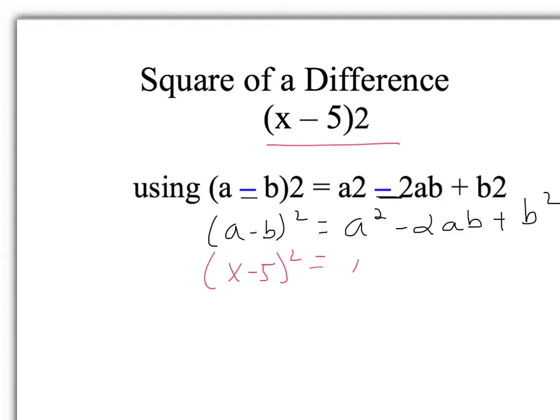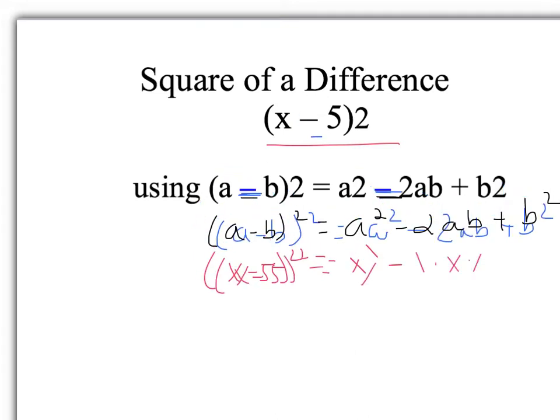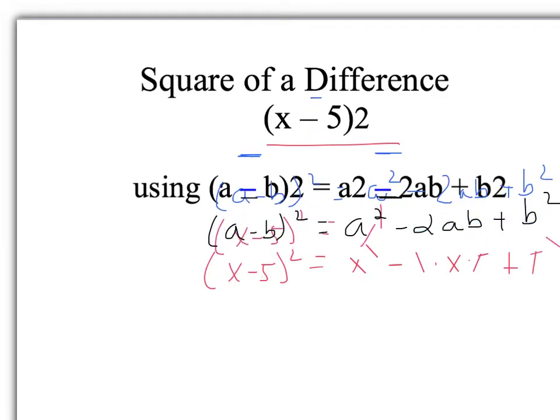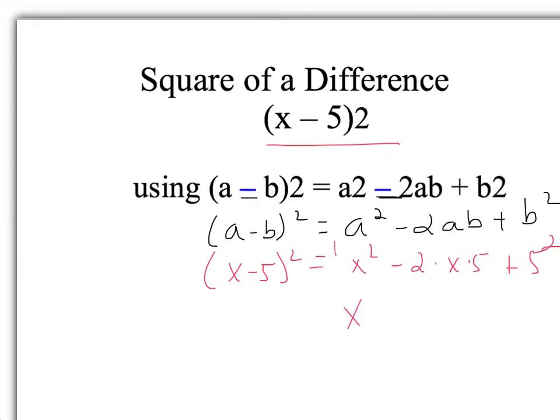So here, x squared, and then minus 2 times x times 5, a and b, plus b squared, which is 5 squared. So then here I have x squared minus, multiplying these together, 10x, plus 5 squared, which is 25.